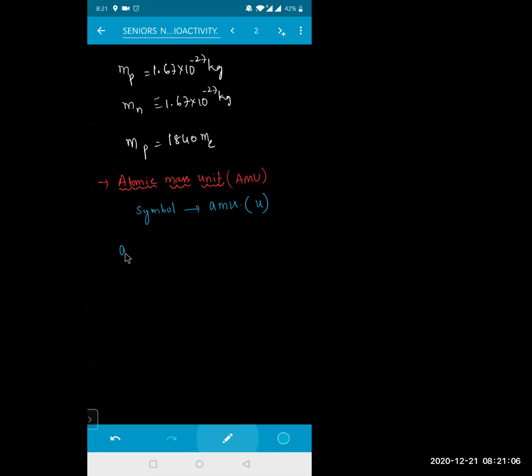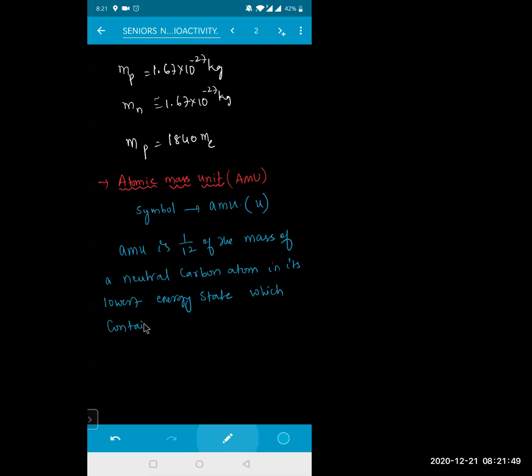So I can say that one AMU is 1/12 of the mass of a neutral carbon atom in its lowest energy state, which contains six protons, six neutrons, and six electrons.